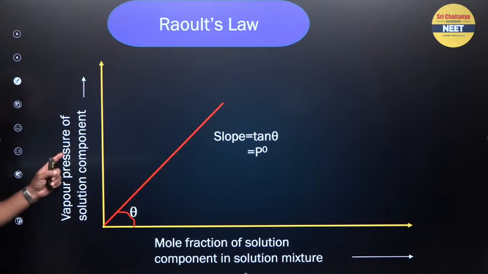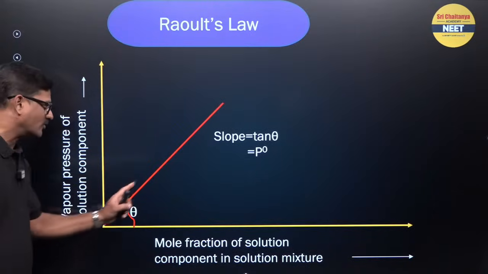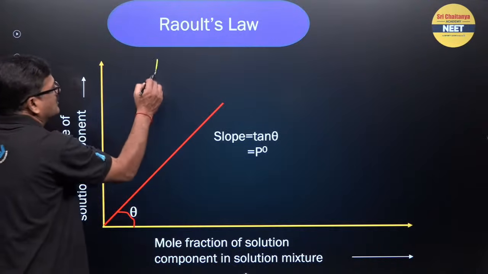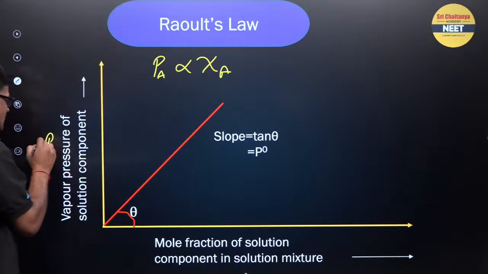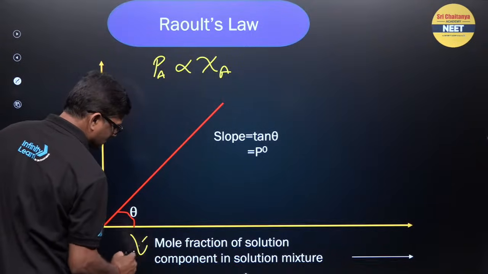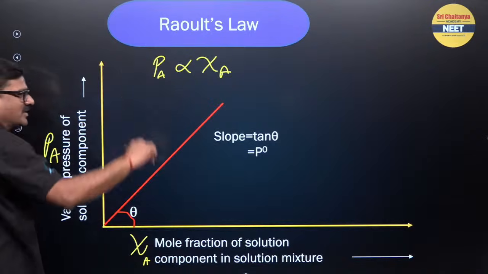If you plot vapor pressure against mole fraction, you are going to get a straight line, because PA is directly proportional to the mole fraction of A. It is going to be a straight line.